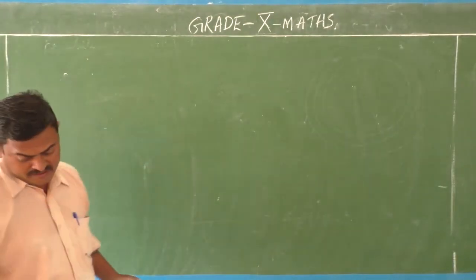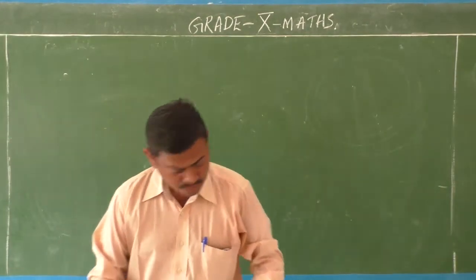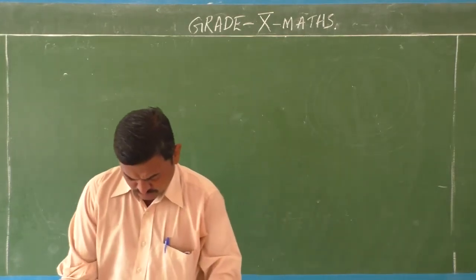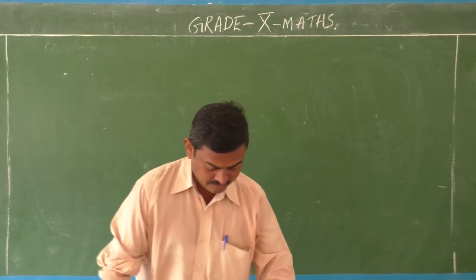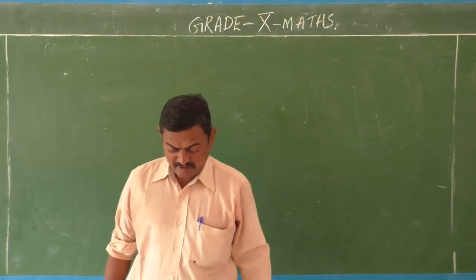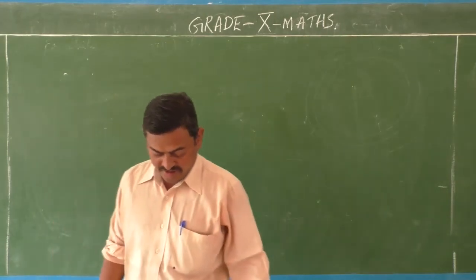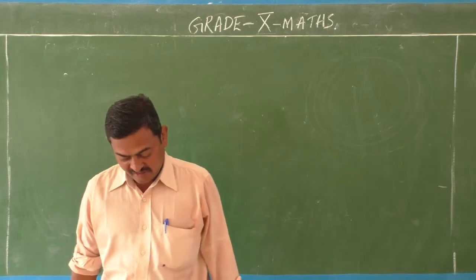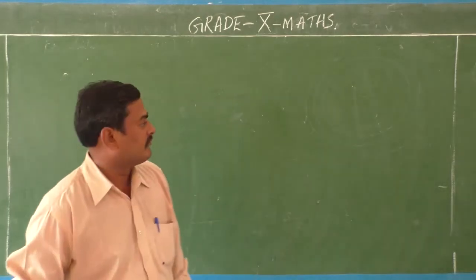Now come to the fourth question. So fourth question, what is that? The wheels of a car are of diameter 80 centimeter each. How many complete revolutions does a wheel make in 10 minutes when the car is traveling at a speed of 66 km per hour?